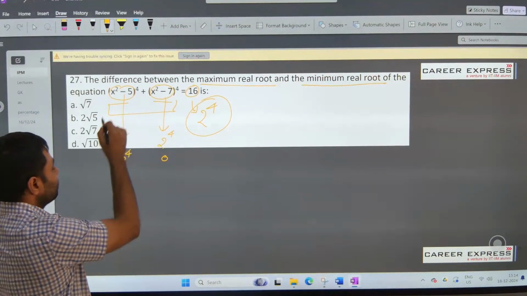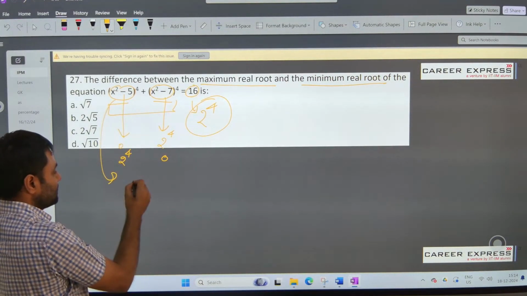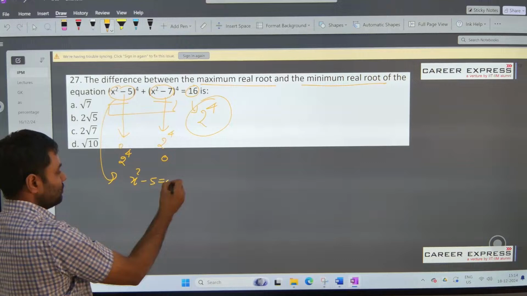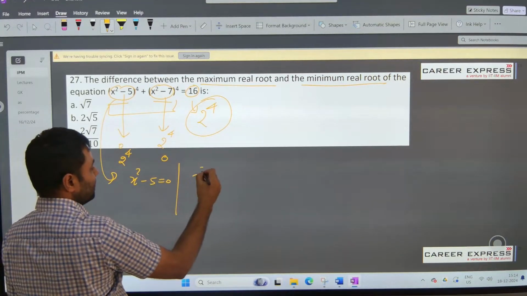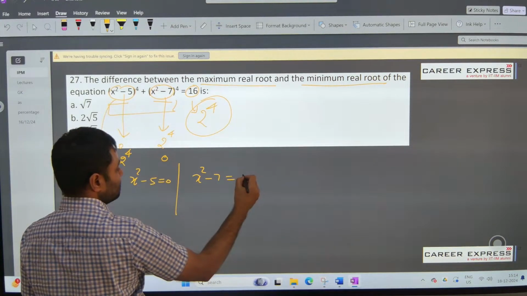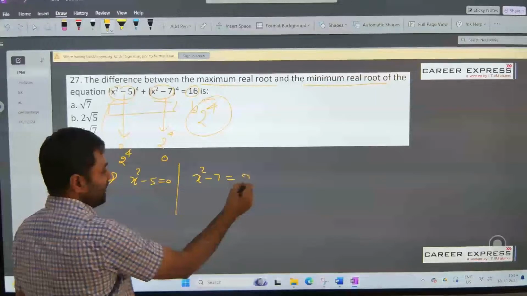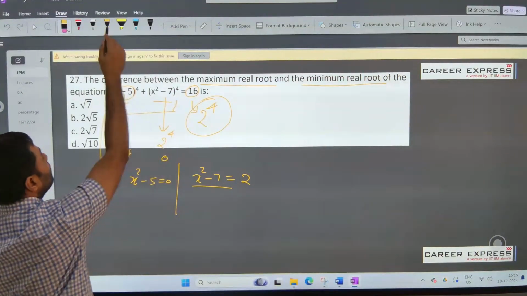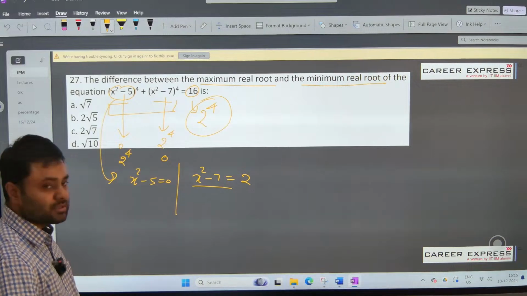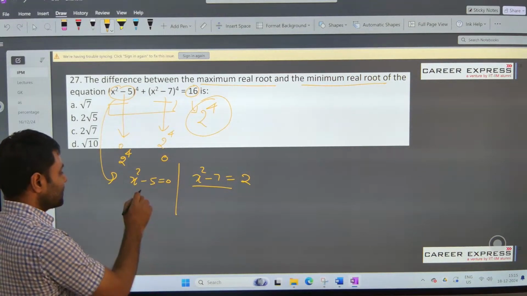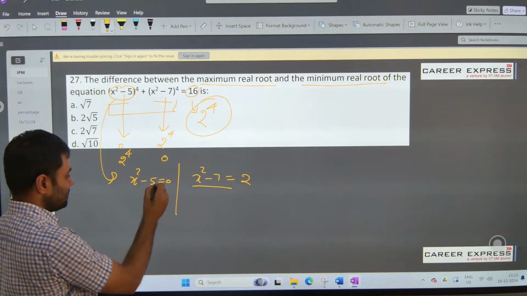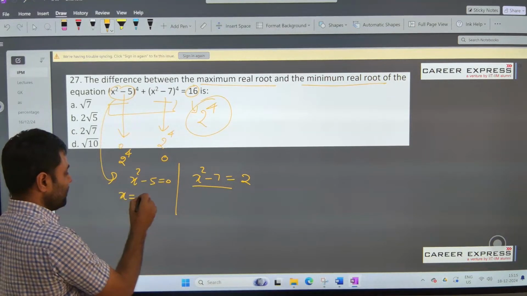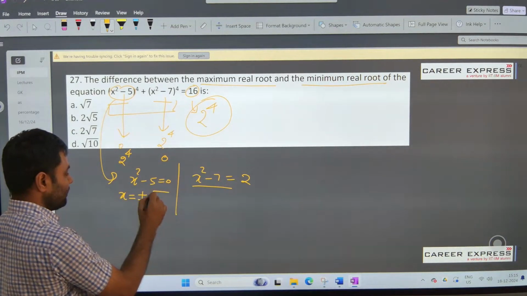So we will see if x square minus 5 is 0 and x square minus 7 is 2. So if x square minus 7 is 2, then x square minus 7 raised to 4, that will be 16. So that is what we want. So if x square minus 5 is 0, then we can say x will be equal to plus or minus root 5.